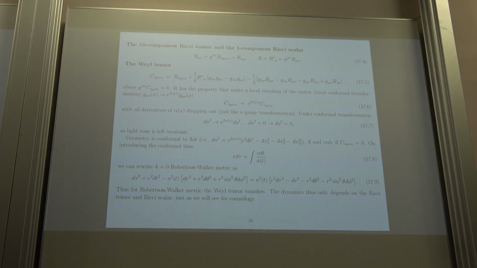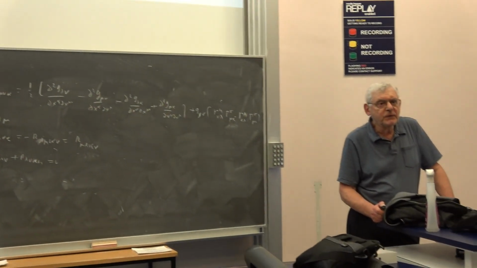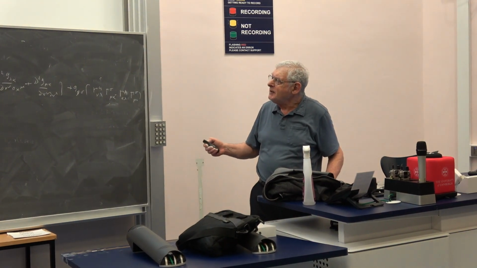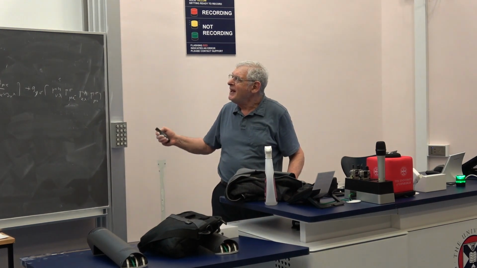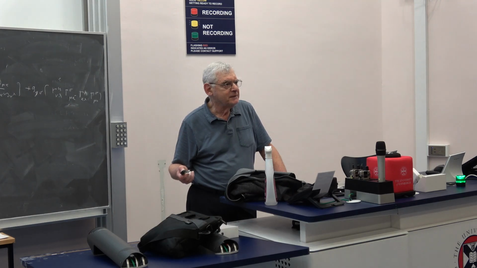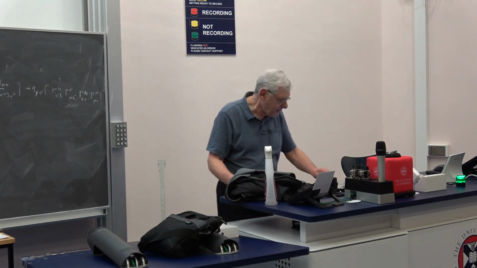So the nice feature is that the Weyl tensor vanishes if the geometry is conformal to flat. But we just saw a moment ago that the Robertson-Walker geometry is conformal to flat. Therefore, standard cosmology can be described by maximal symmetry or by vanishing Weyl tensor. They're equivalent descriptions. But that's only an aside.